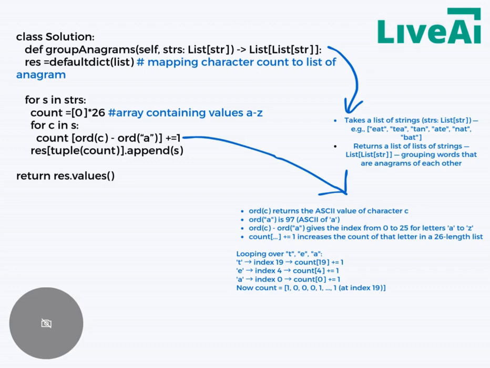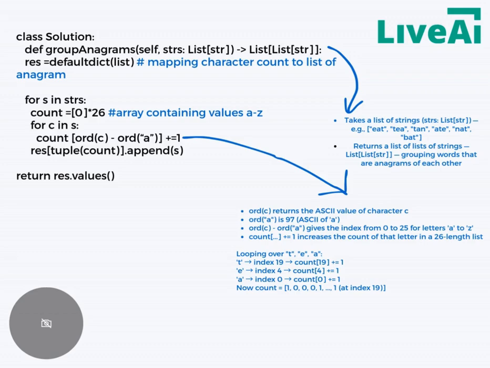Okay, so now we have to use two for loops. For s in strings, where strings is a list of strings, count equals [0] * 26. So we are defining the length of the array, which will have 0 for 26 characters. For c in s: so what does this mean?